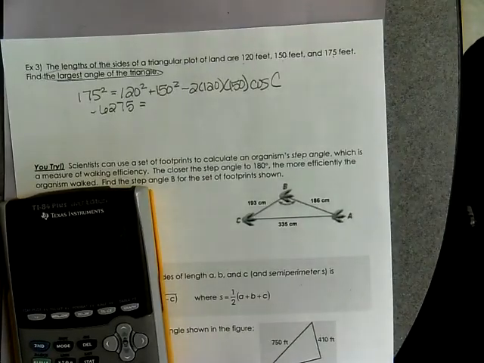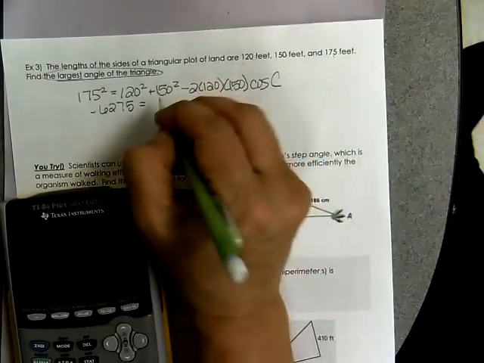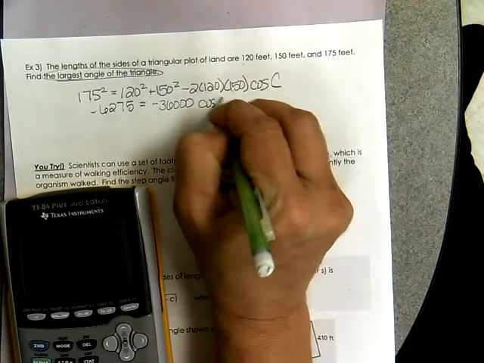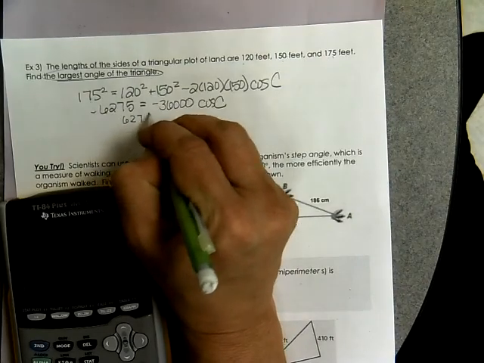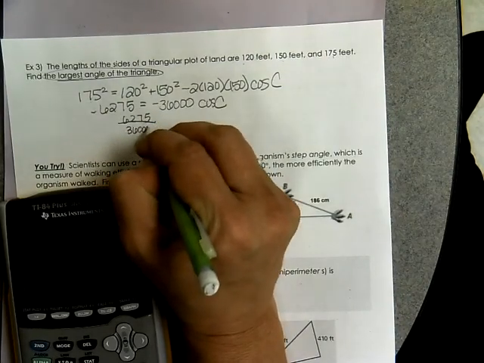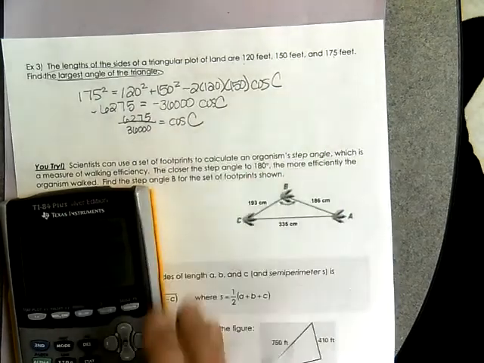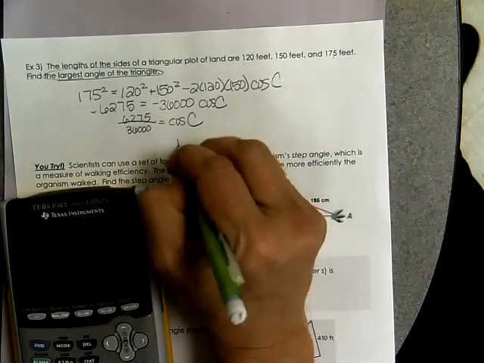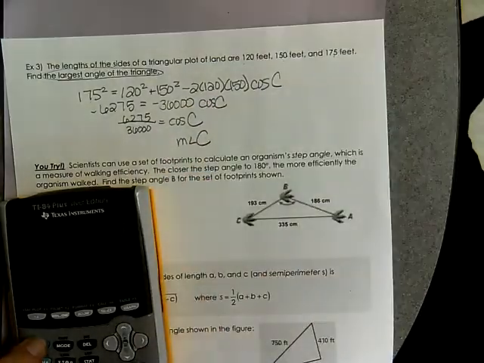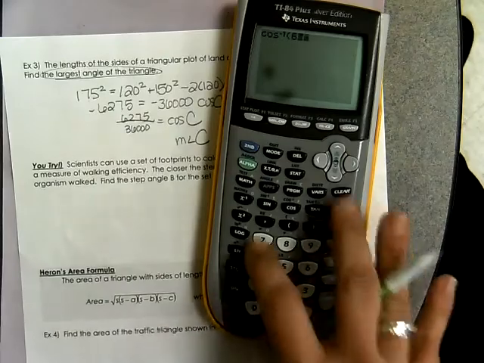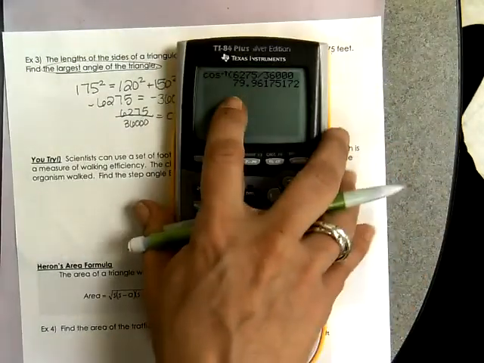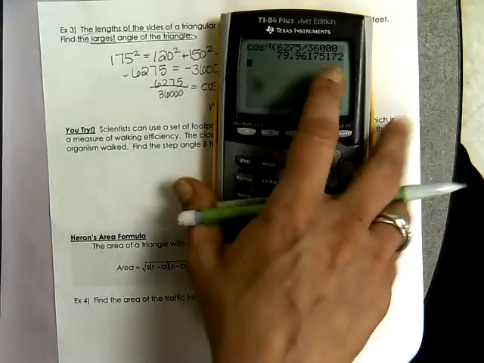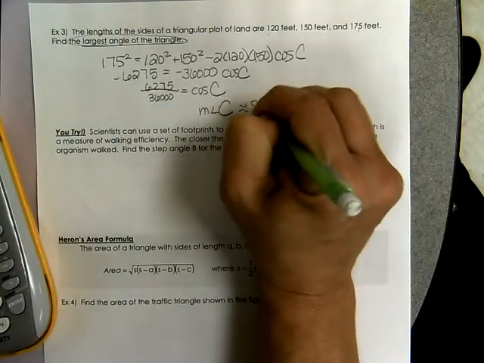And if I multiply negative 2 times 120 times 150, I get negative 36,000 times the cosine of C. So essentially, I'm finding the inverse cosine of 6275 over 36,000. I'll just show you real quick. We get 79.96. If we're rounding that to the nearest tenth, of course, that's just going to be 80.0 degrees.